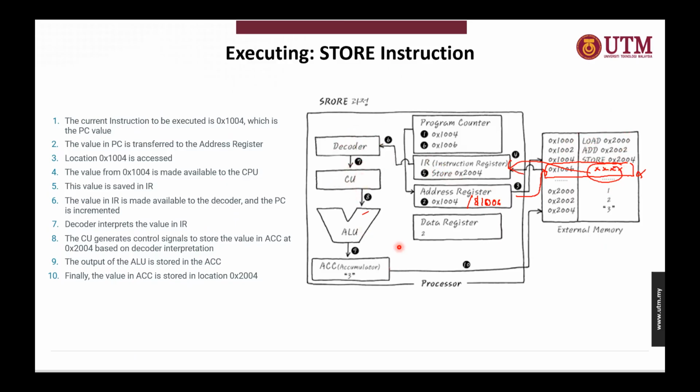And execute will be done under this ALU here, the ALU and accumulator, including the data register and the memory. So that is for the fetch, decode, and execute cycle.